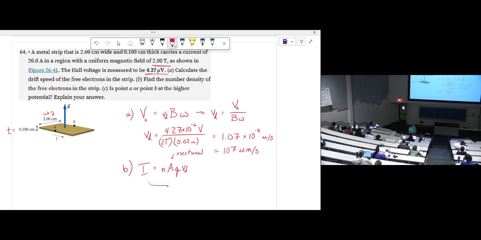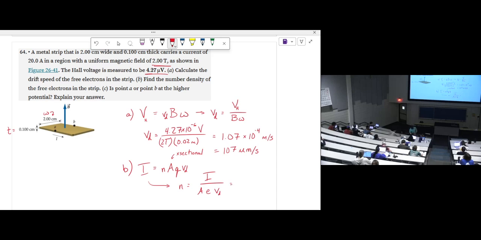Or in this case, if you're trying to find the number density, n is equal to current I over A times the charge of the charge carrier, that would be e in this case, times v sub D.